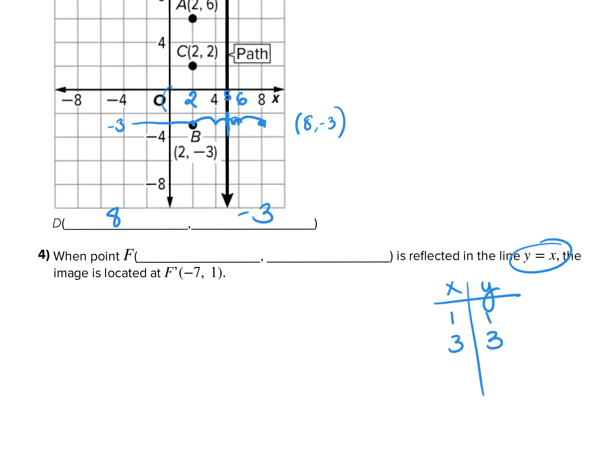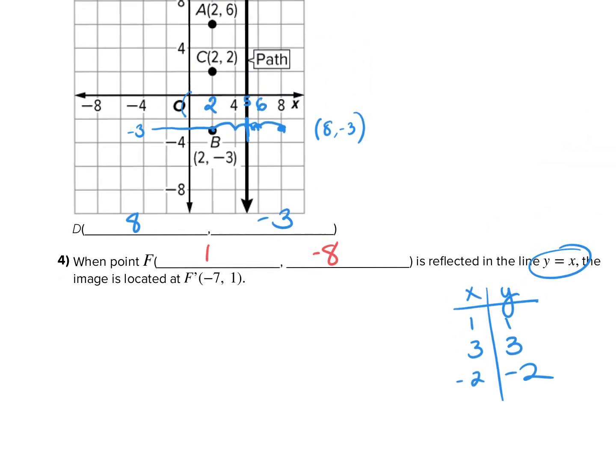So these would be my coordinates. Okay, they're exactly the same. So F prime is at negative 7, 1. So positive 1, negative 8 would be my reflection. Should be all the problems that involve reflections.